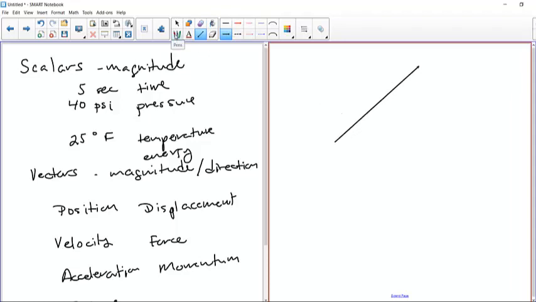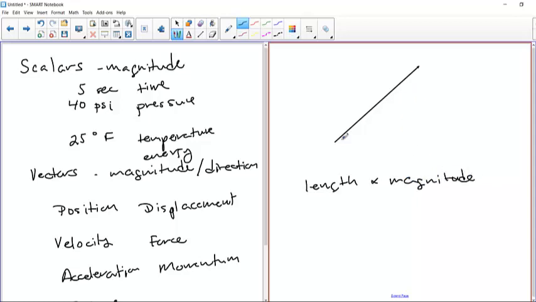The first thing is that vectors in a graphical sense are represented by a line, and the length of the line is proportional to the magnitude. I don't say it's equal to the magnitude because things like force don't have length. Position has length. Displacement has length. But velocity and all these other ones don't have length. So the vector length is proportional to the magnitude.